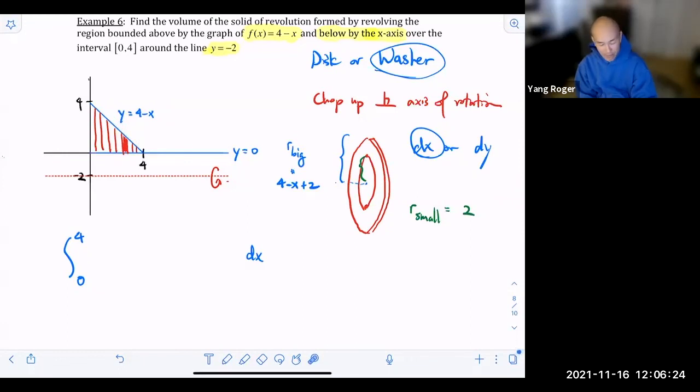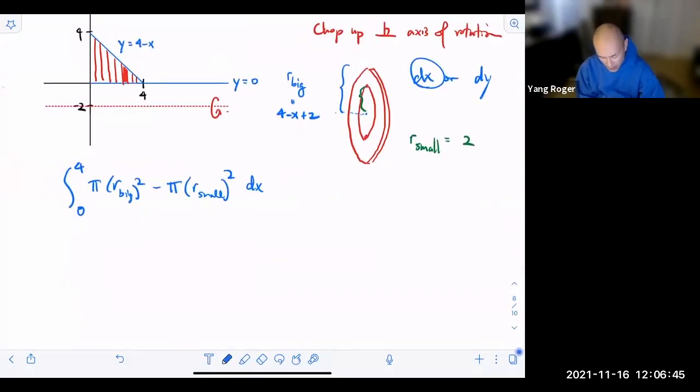So the height is here plus 2 more. So this is going to be pi R big squared minus pi R small squared like this.